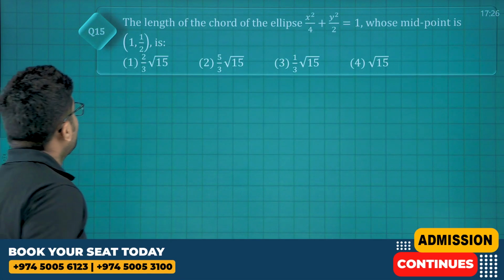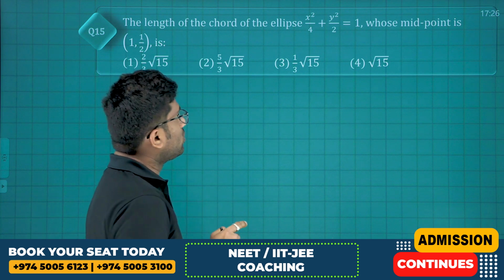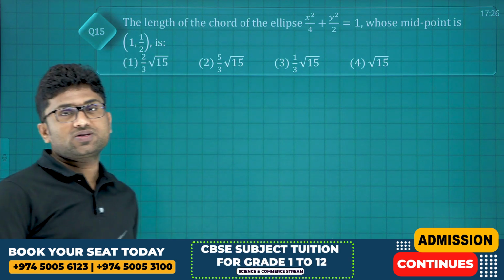Next question. The length of the chord of the ellipse x squared by 4 plus y squared by 2 equals 1, whose midpoint is given. Many times we have seen this question.